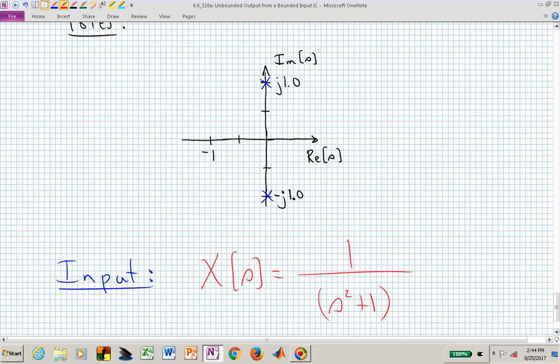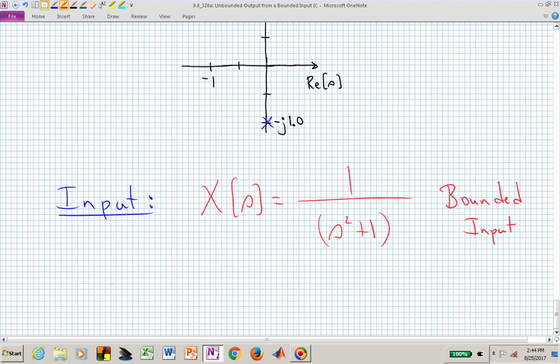So if we did this, this is now a bounded input. In fact, what is little x of t? Little x of t is in fact sine of omega naught. Omega naught is 1. X of t in the time domain is sine of t.